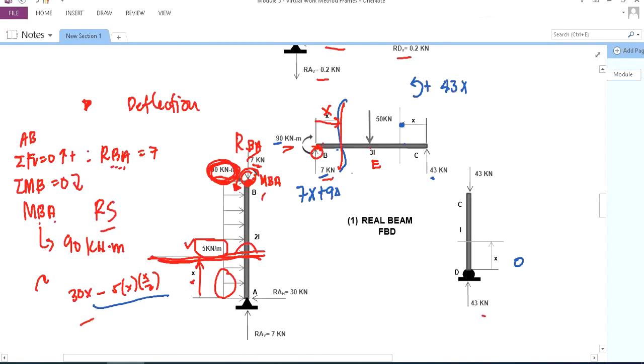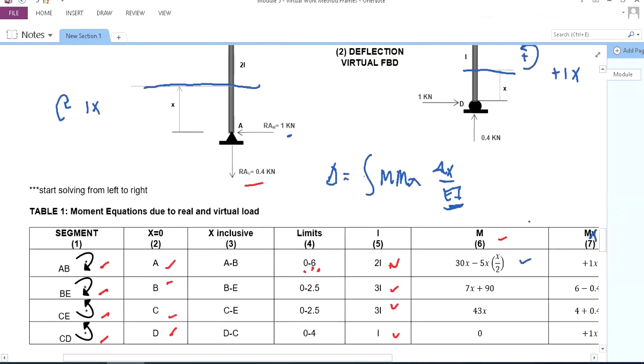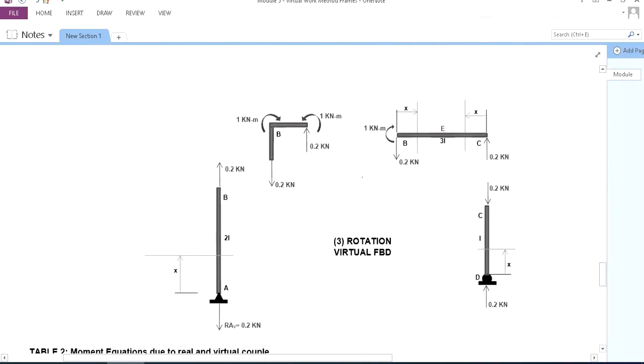Okay? Ito pa rin siya. So, parehas pa rin yung moment equations natin. Okay? Kailangan lang nating i-solve is the equations for the virtual doon sa ating rotation. Okay? So, ito yon. So, ito yung na-solve natin kanina na reactions.